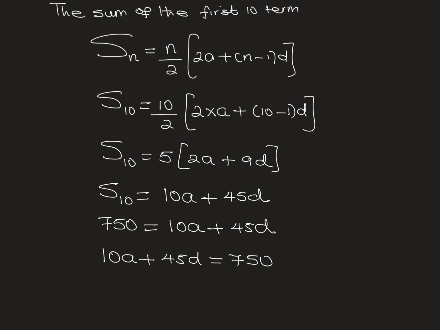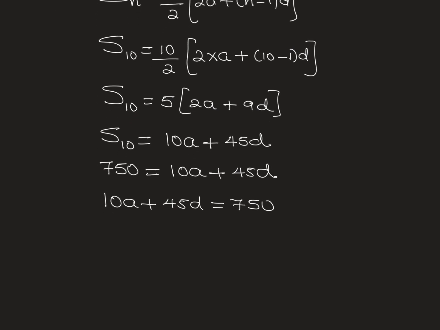If you want, you can break this down by factorizing a number that can go into all of these. Let's say 5.